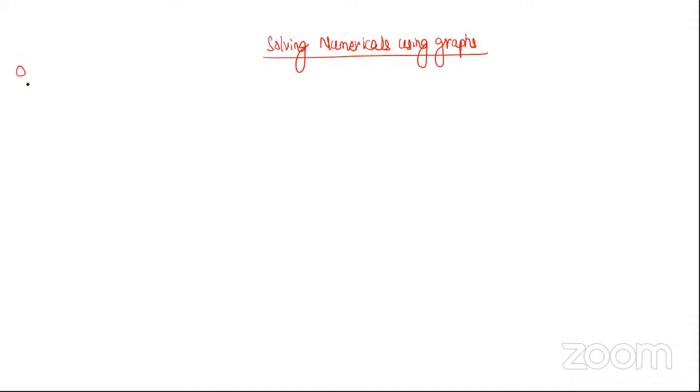तो क्वेश्चन लिखो. A train starts from rest, accelerates with alpha meter per second square to attain maximum velocity.